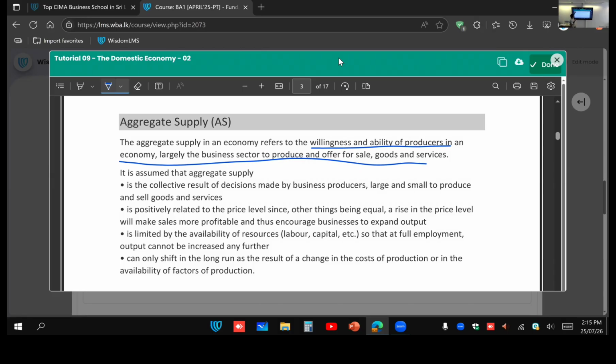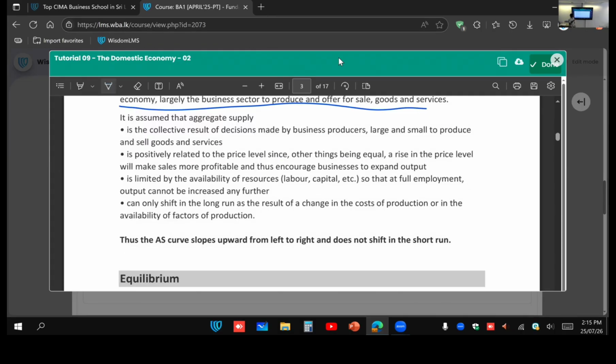Okay. Next part. It is assumed that the aggregate supply is the collective result of decisions made by business producers, large and small, to sell goods and services. So this is all about goods and services put into the market, right? It is positively related to the price level.